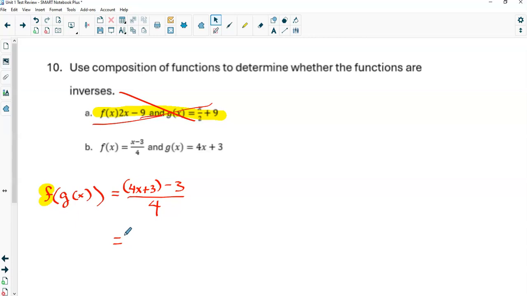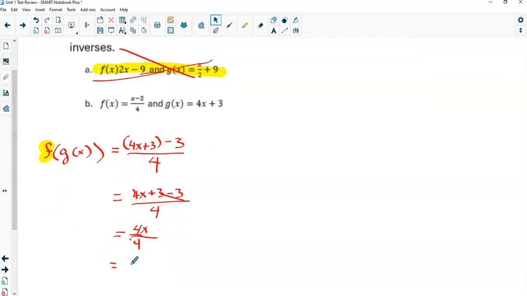Notice the parentheses cancels out, so nothing to do there. So I'm just rewriting it: 4x plus 3 minus 3 divided by 4. 3 minus 3 is 0, so that's 4x divided by 4. 4 divided by 4 is just 1, so that's 1x.